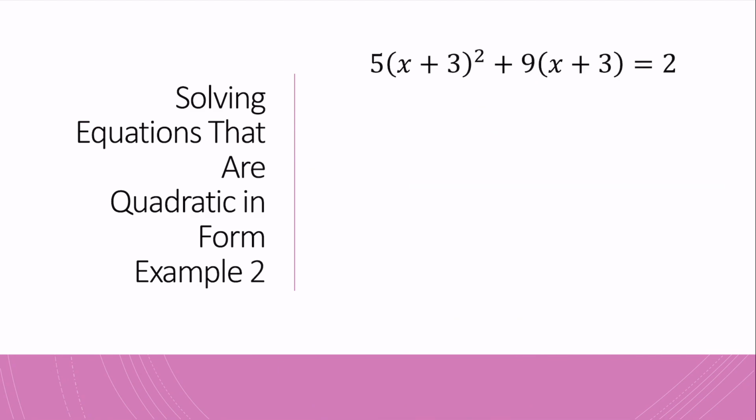For our next example, I have 5 times x plus 3, squared, plus 9 times x plus 3 equals 2. And I'm going to let x plus 3 equal u. So I've got 5u squared plus 9u minus 2 is 0, because I went ahead and moved this 2 over.